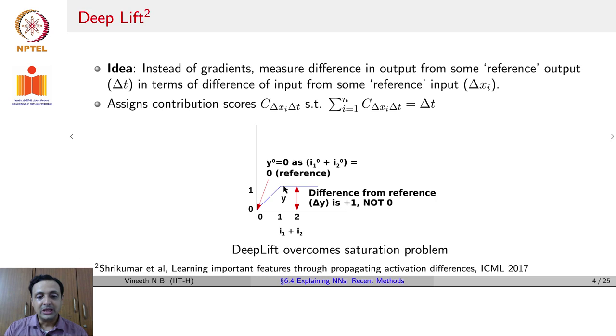Even whether a point was at I1 plus I2 equal to 1.1 or I1 plus I2 equal to 1.2, it will still have a difference with respect to reference 0, and there will be a valid gradient, and your gradient will no more be 0. That's the way Deep Lift counters this saturation problem.